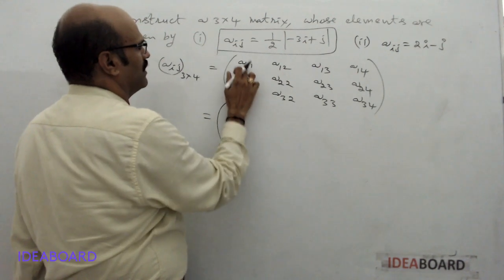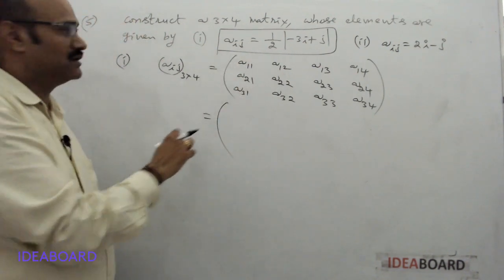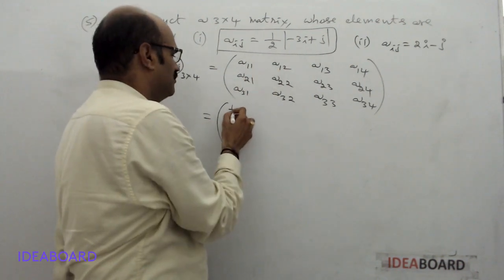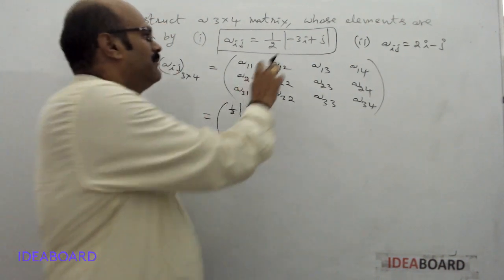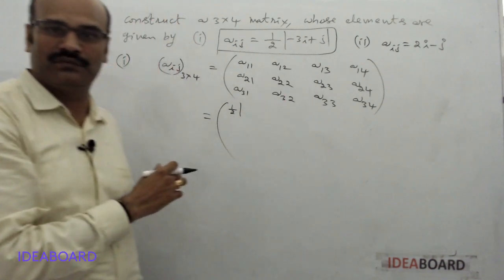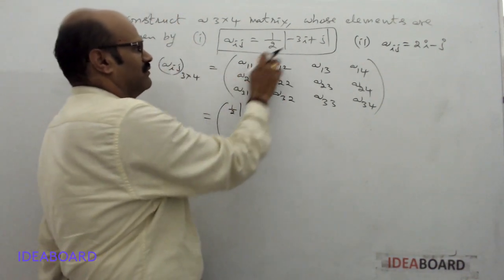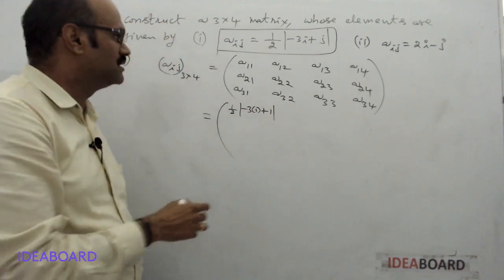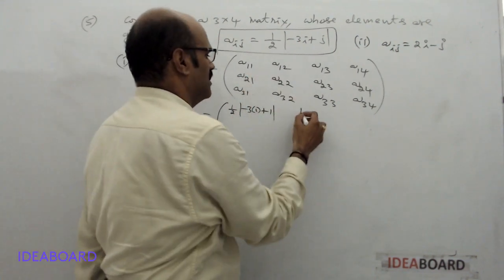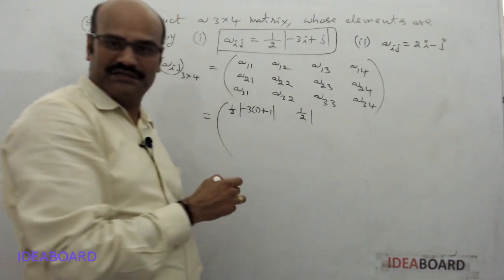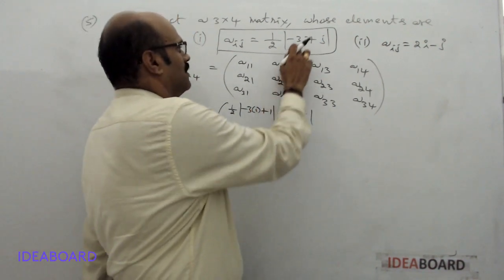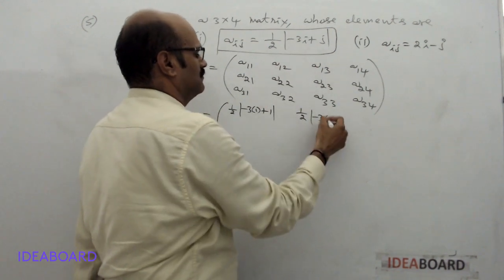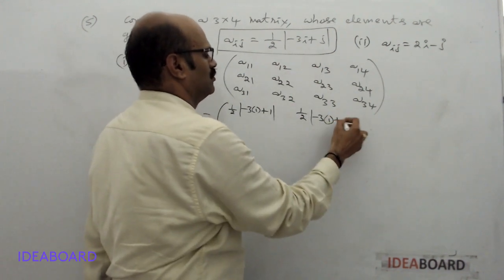Now here A11, i equal to 1, j equal to 1. The element Aij is defined by 1 by 2 into modulus of minus 3i plus j. So minus 3 into 1 plus 1. Similarly, A12 equals 1 by 2 into modulus of minus 3 into 1 plus 2.